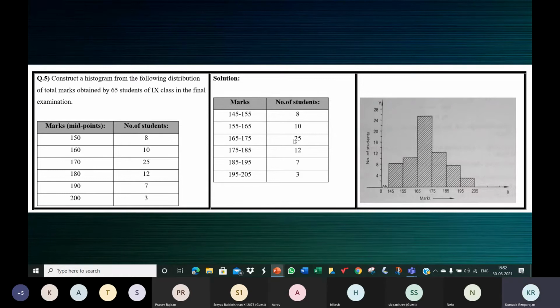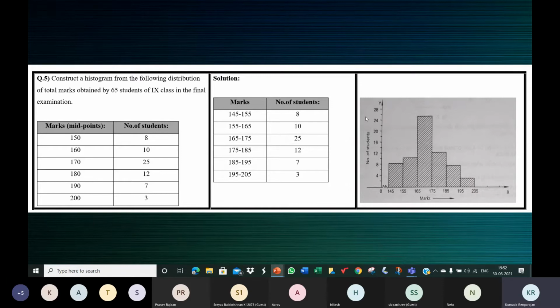Now 25. Between 24 and 28, that line which runs in the middle will be 26. So 25 will be between 24 and 26. This is 26.